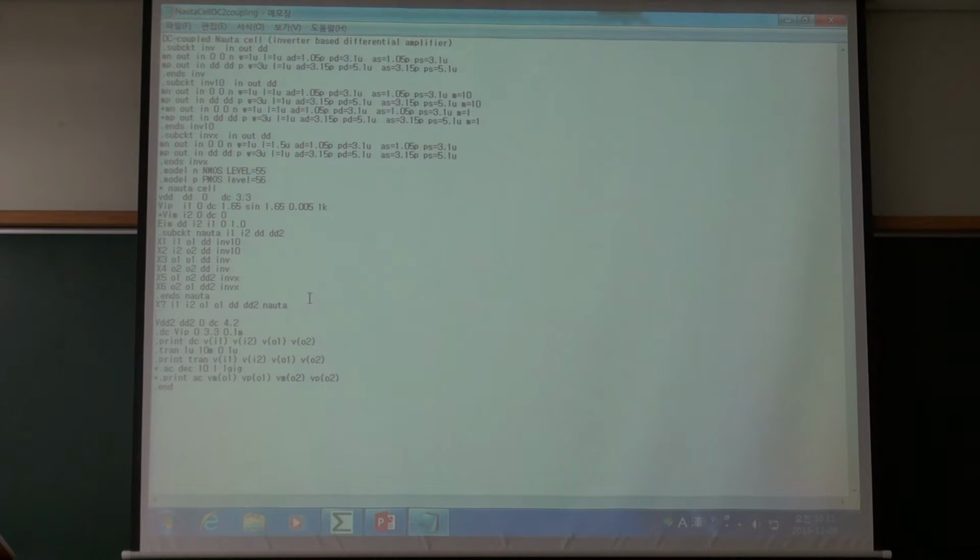Okay, this is my Nota. I will apply X8, a similar sub-circuit call, I3, I4. Oops, this should be O2, right? Not O1, O2. So O3, O4, DD, DD2, Nota. Then I want to apply some common mode input this time. Let's see how I can apply common mode input. I will eliminate the DC, just transient.